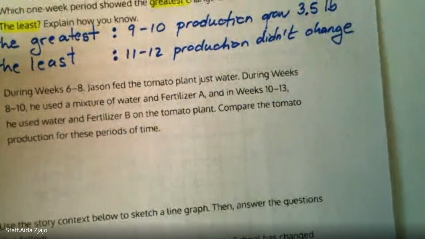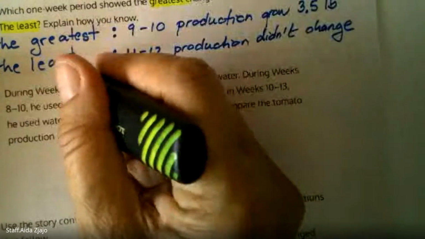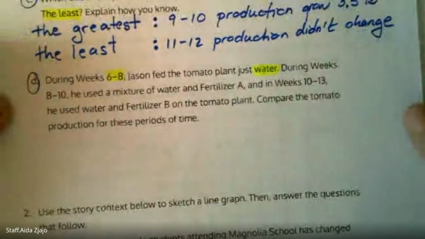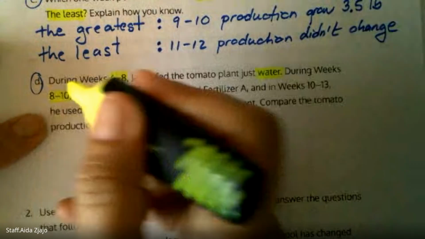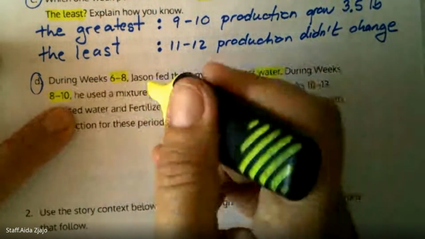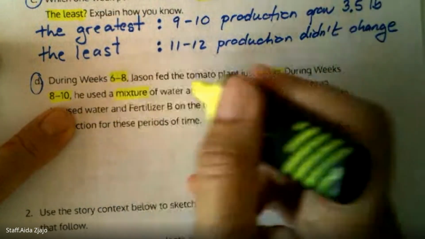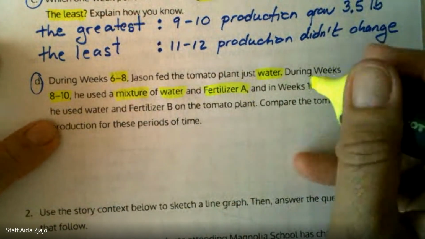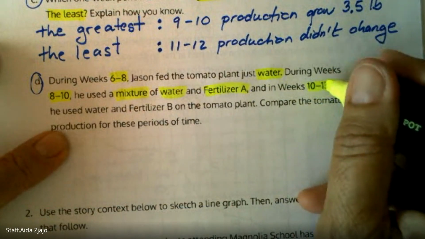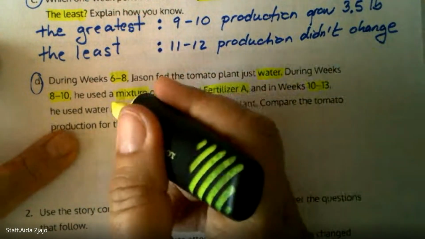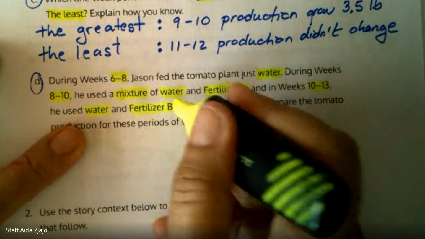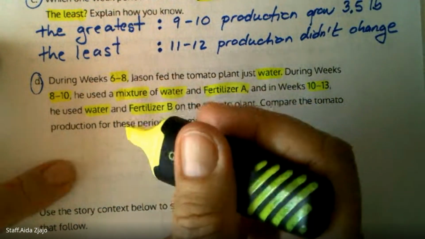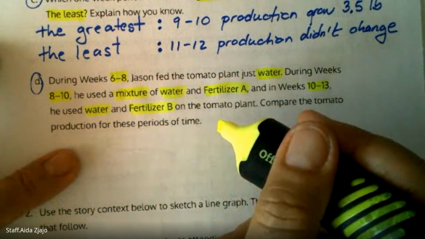Then during weeks 8 to 10, he used a mixture of water and fertilizer A. And then during weeks 10 to 13, he used water and fertilizer B on the tomato plant. Compare the tomato production for these periods of time.